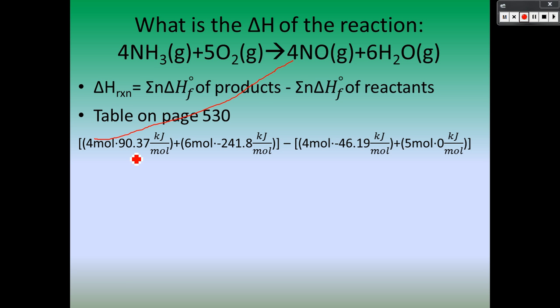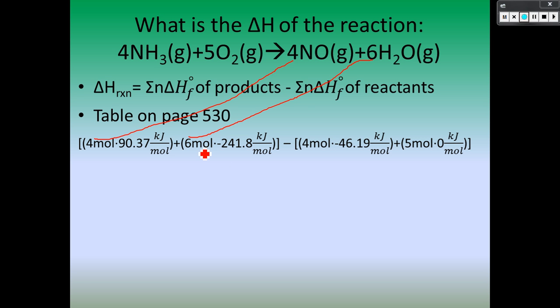And then the heat of formation for NO, nitrogen monoxide, is 90.37 kilojoules per mole, plus 6 mole times minus 241.8. For water, the heat of formation is negative. That means when water forms, it's releasing energy.